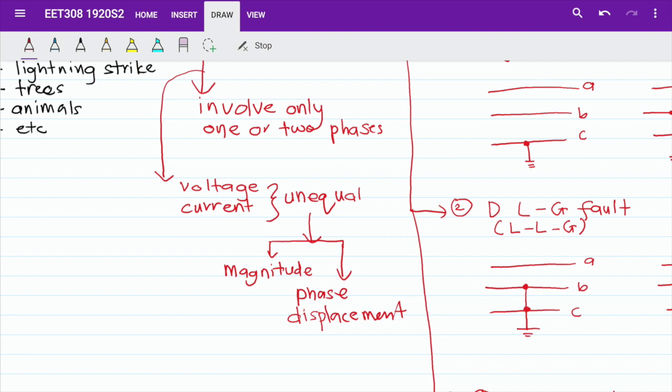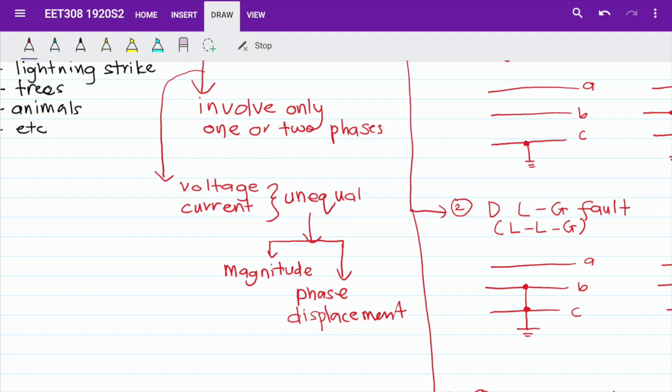If any symmetrical fault or unsymmetrical fault occurs in a power system, in a transmission line for example, to solve or analyze the system for unsymmetrical fault is quite difficult compared to the symmetrical fault.